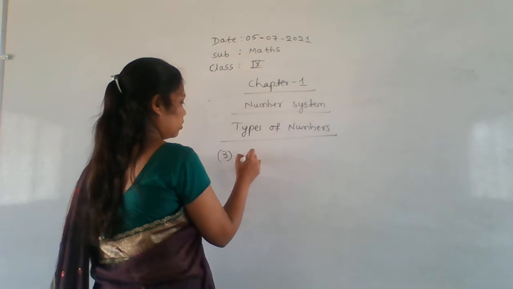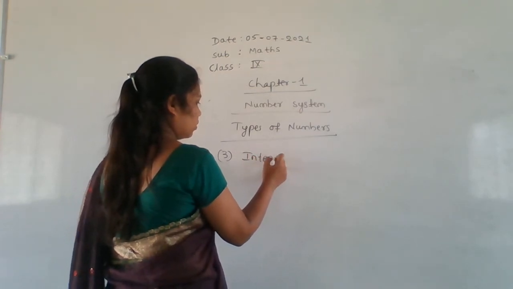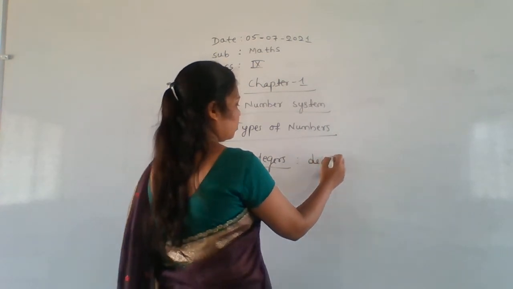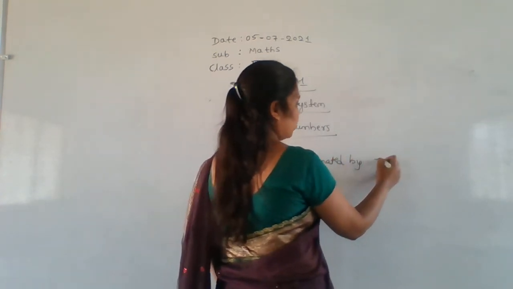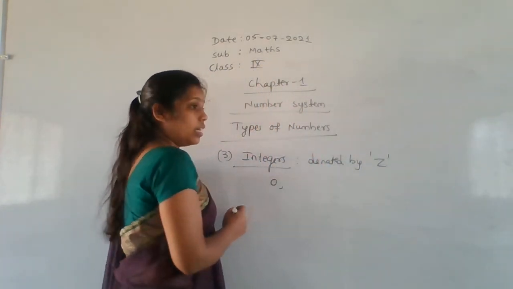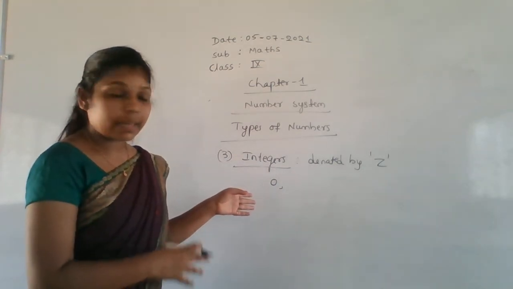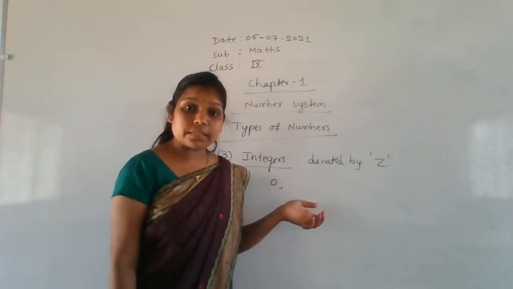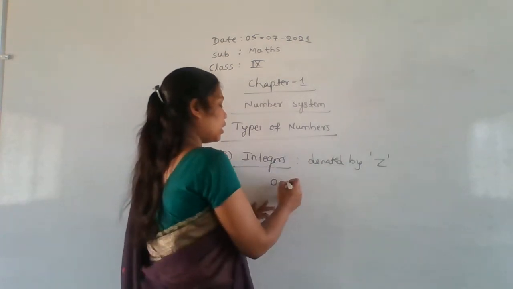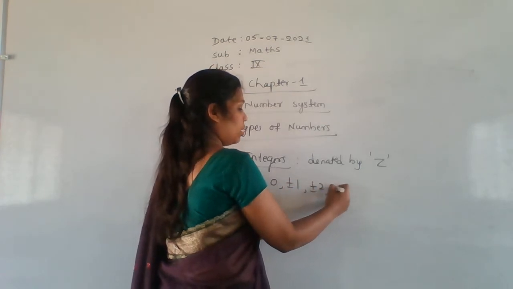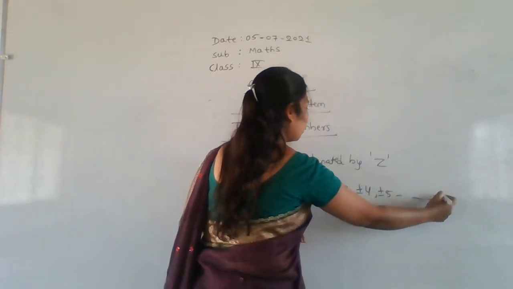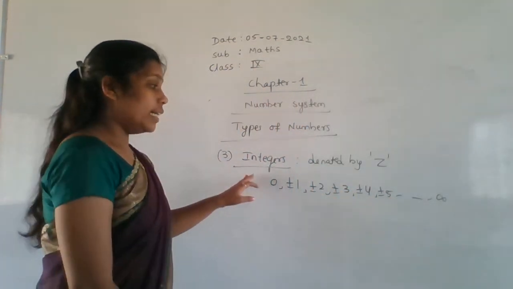It is denoted by capital Z, and these numbers are the whole numbers, but it also includes negative numbers. Plus or minus 2, plus or minus 3, plus or minus 4, plus or minus 5, and so on up to infinity. So these are called the integers.